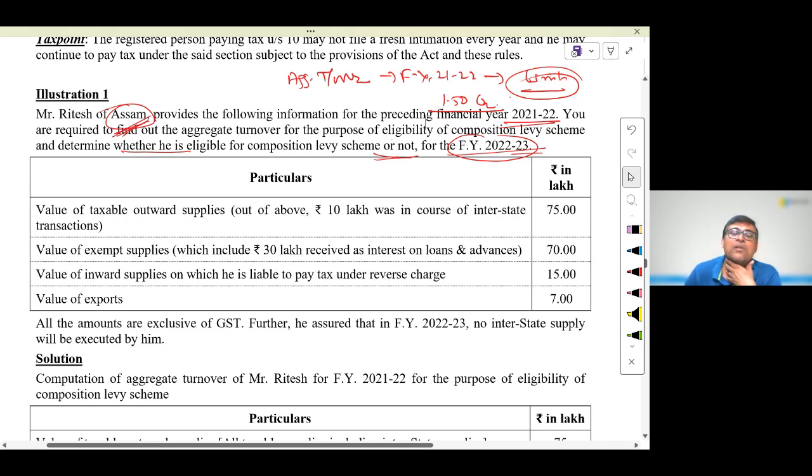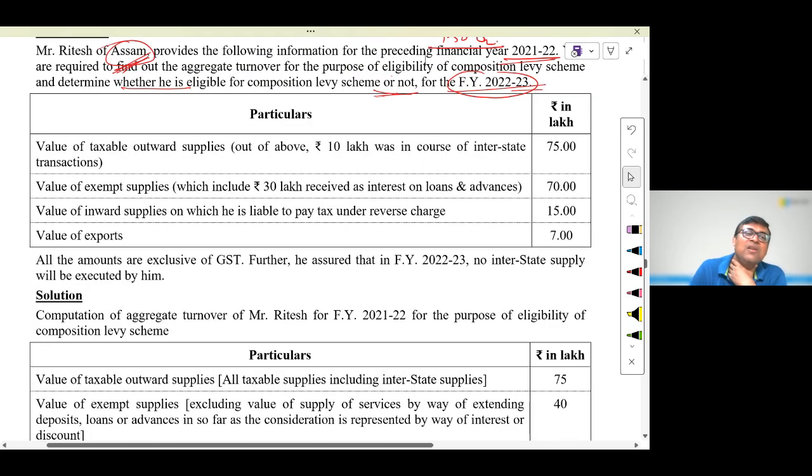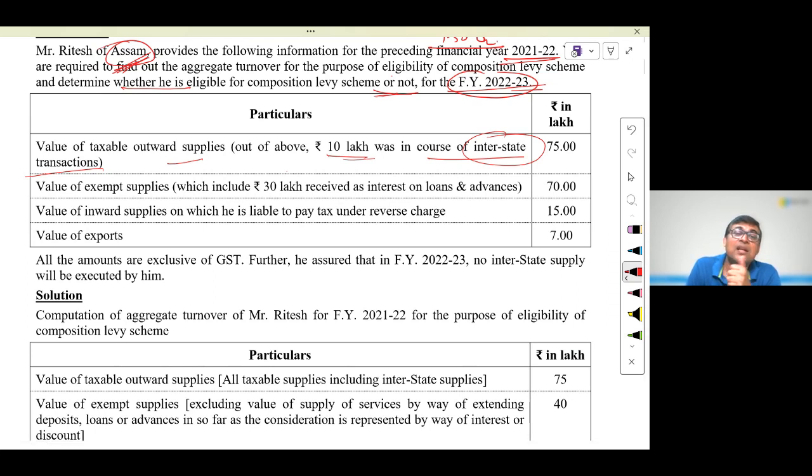So how to find out the aggregate turnover? Value of taxable outward supply, out of which rupees 10 lakh was in the course of interstate transaction. Sir, he is doing interstate transactions, so he is not eligible for composition levy. No, he did all these interstate transactions last year. After opting for this composition scheme, he is not supposed to do interstate supply.